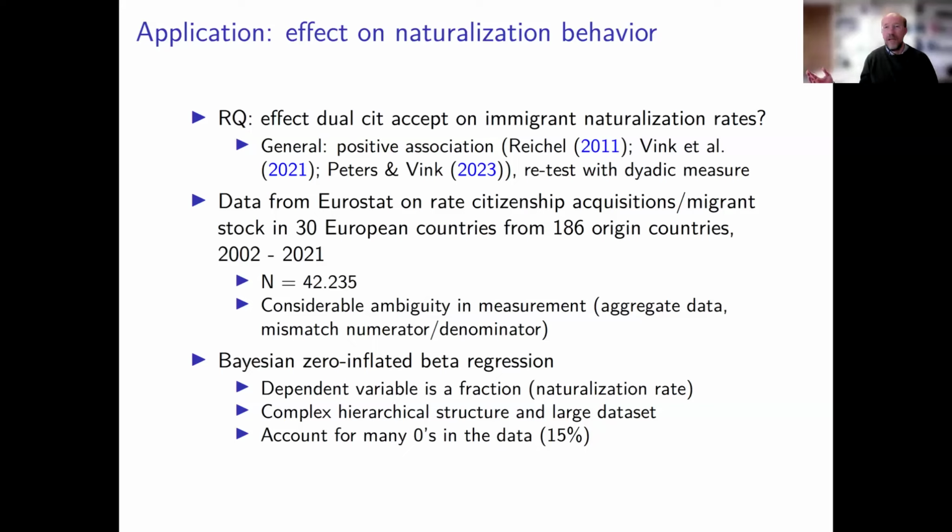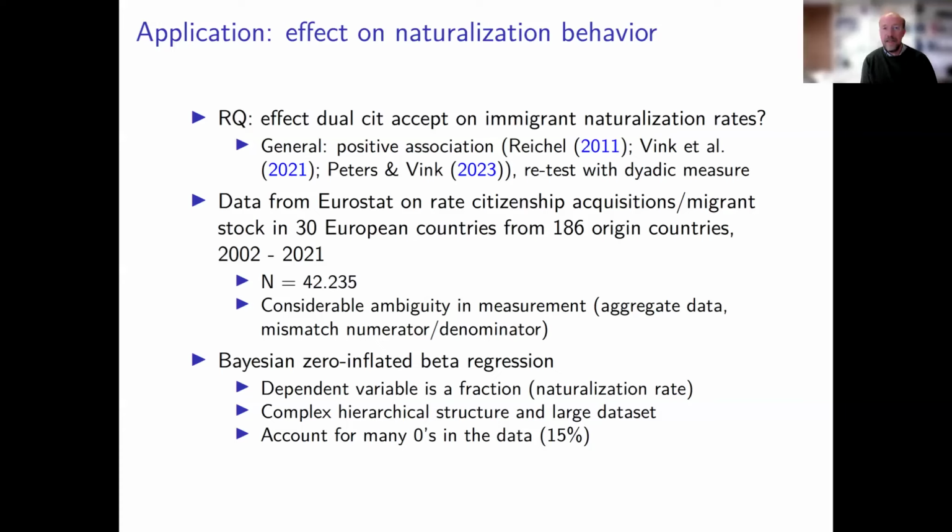So for people who come from highly developed countries, dual citizenship is seen as more relevant because they have a lower motivation to naturalize, and will only do this if they can hold on to the citizenship of the country where they came from. Whereas people from less developed countries, or from politically unstable countries, or refugees, are more likely to naturalize irrespective of the dual citizenship rules in more economically developed countries.